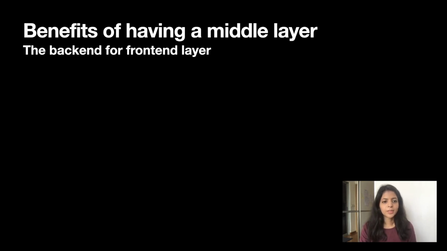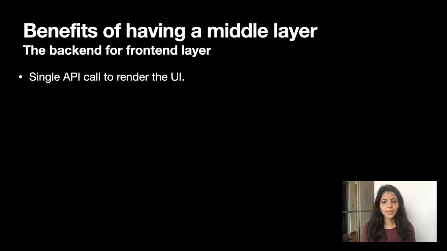So what are the benefits of having a middle layer, also known as the backend for front-end layer? It is a single API to render the complete page. In companies with microservices and even otherwise, there might be a scenario when in order to render one page, you need to make multiple API calls.